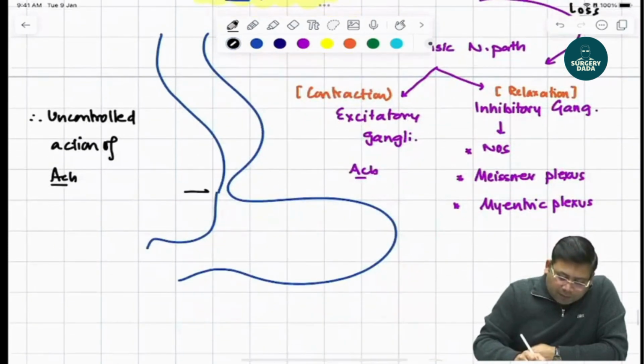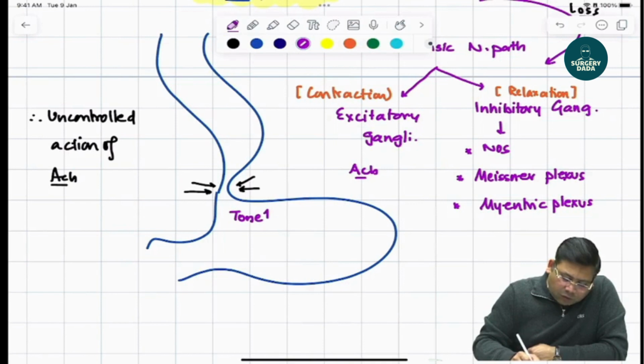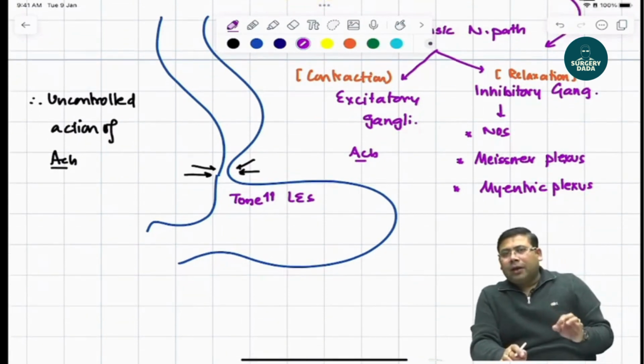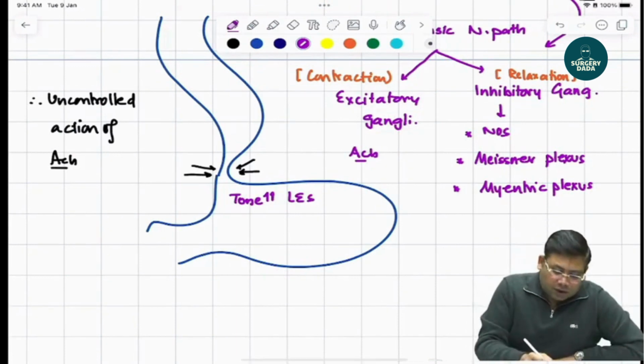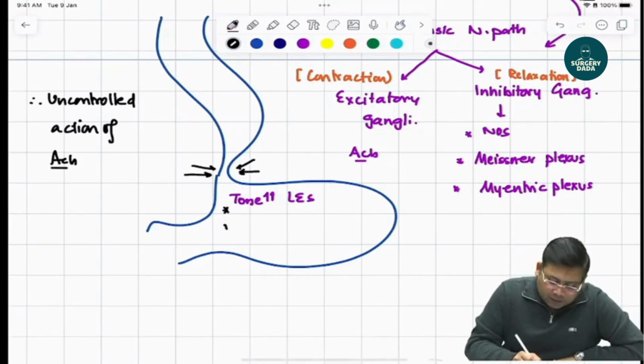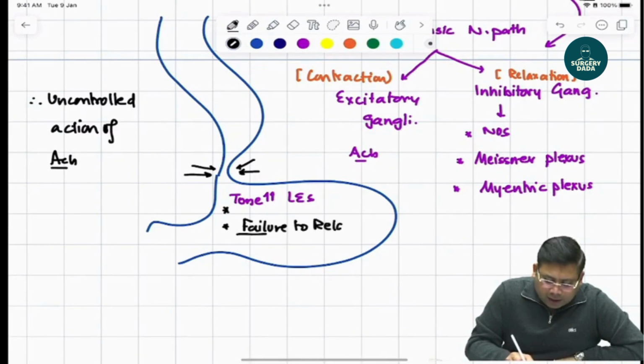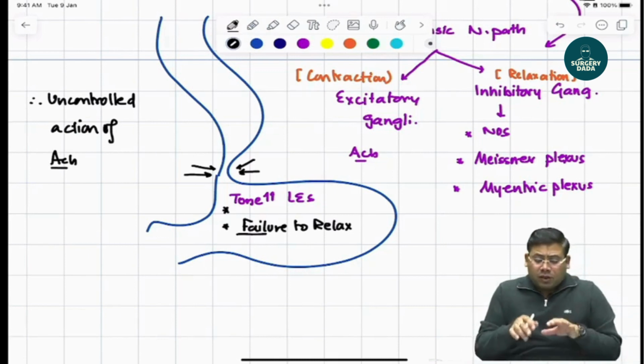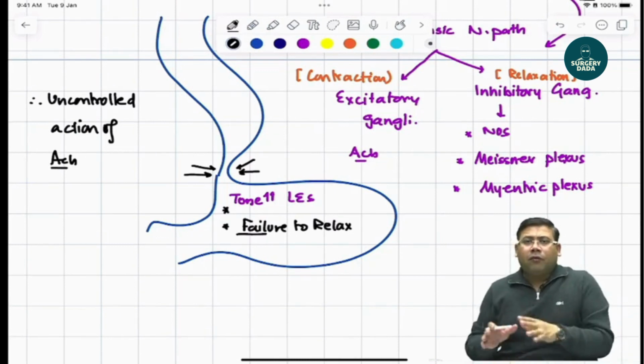The maximum changes start with the distal part of the esophagus. The tone of the LES will increase, and that is why the LES becomes hypertensive. Along with that, it fails to relax. So there is failure to relax and a hypertensive LES. This is what you see on manometry.